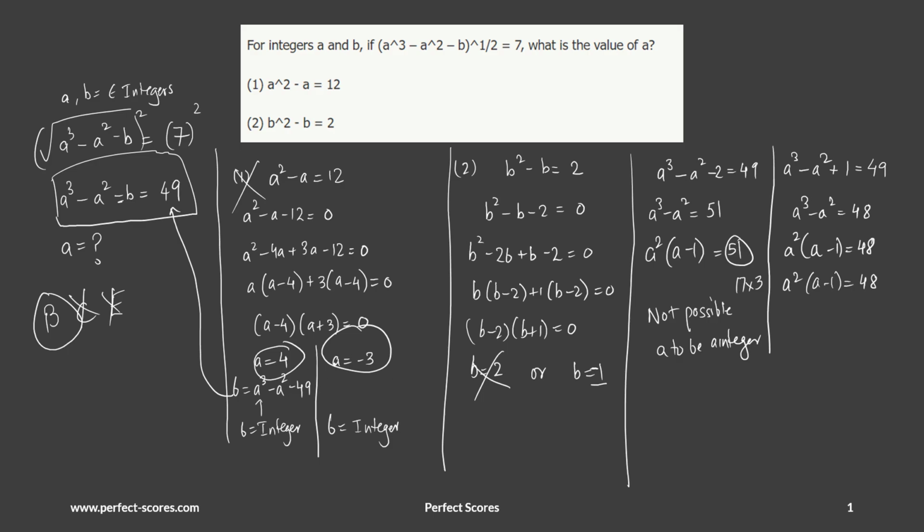So I try A equal to 4. A square into A minus 1 is 16 into 3, equal to 48. Yes. So in this case A is equal to 4. I get an integer value for A and an integer value for B, and those are exclusively the integer values, which means this statement is sufficient and the answer option is B.